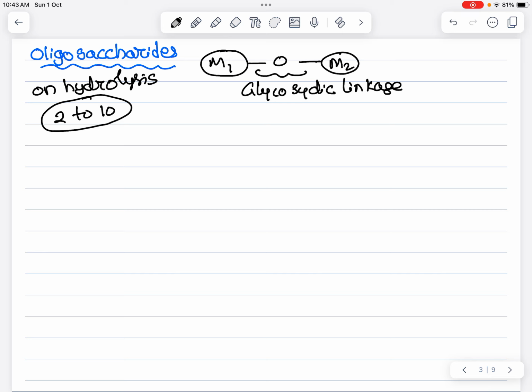On the basis of the number of monosaccharides attached, the oligosaccharides are classified as disaccharides, trisaccharides, tetrasaccharides, pentasaccharides and so on. If 2 monosaccharides are attached with the glycosidic linkage, it is known as a disaccharide.